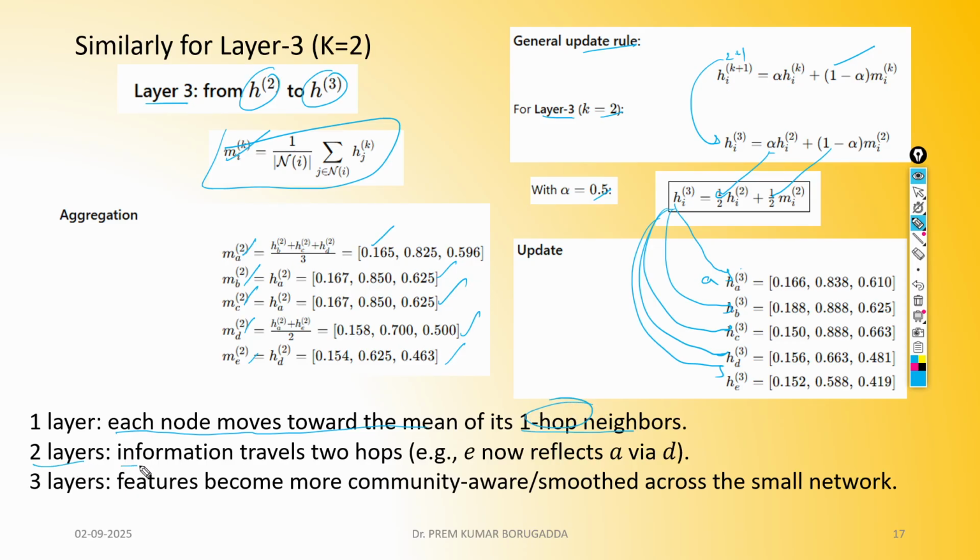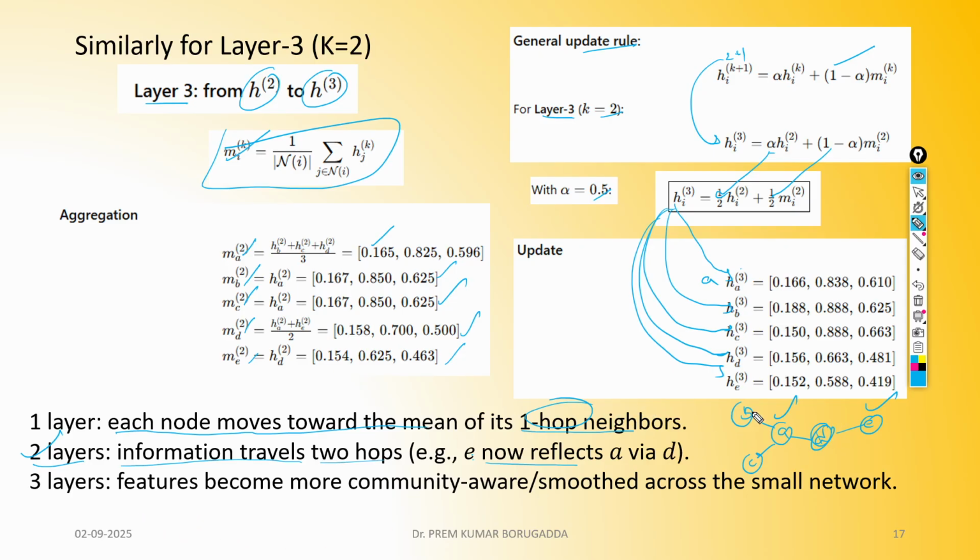Layer 2 means information travels two hops, like E now reflects A via D. So at layer 2, E and A are both connected through D.